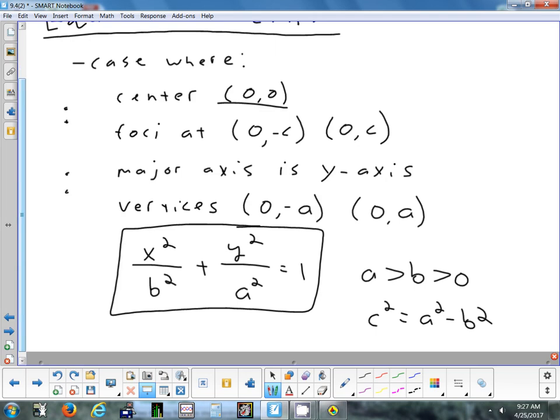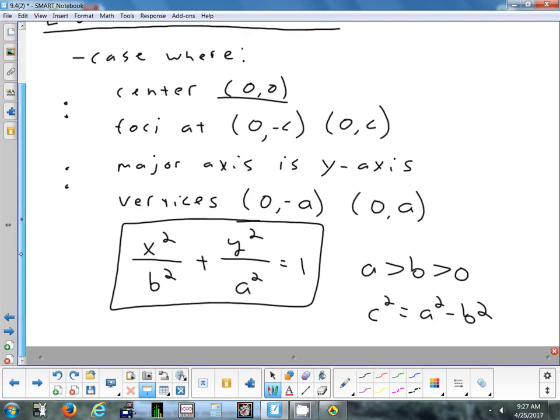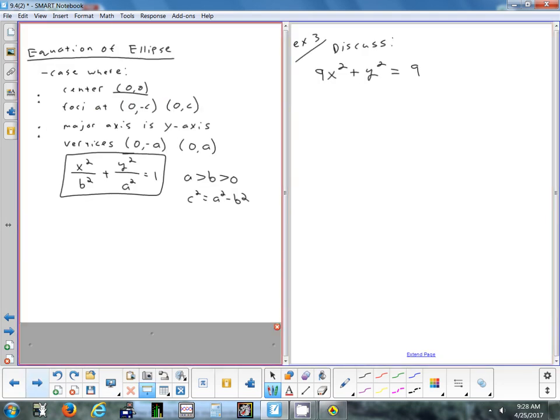Okay, so when they ask us to discuss an equation, what are they going to do, right? What's the first thing you usually want to do when you discuss an equation? Find A, B, and C. Okay, if you look at the problem that I'm going to give you, is that equation written the way that it should be?